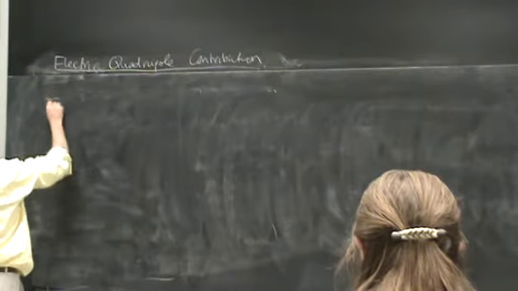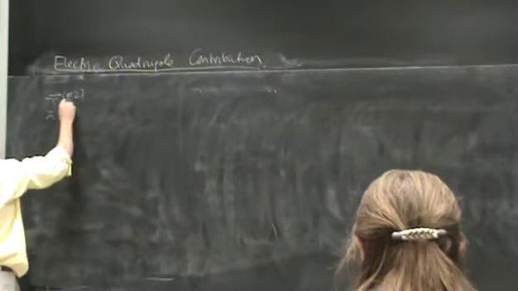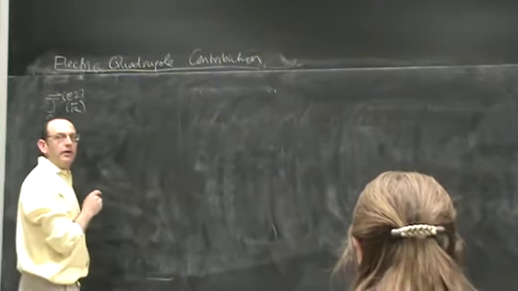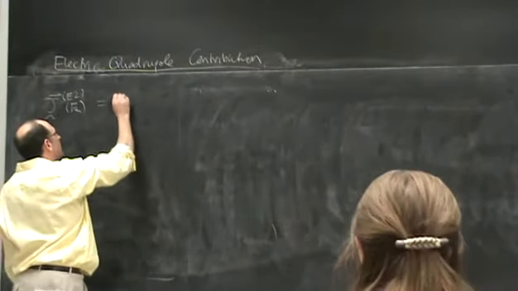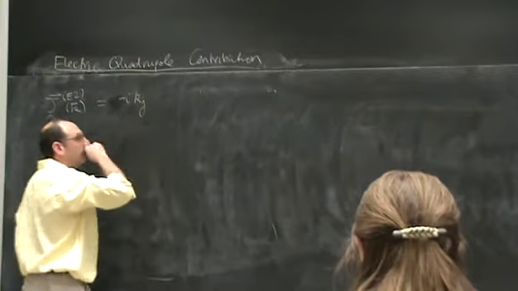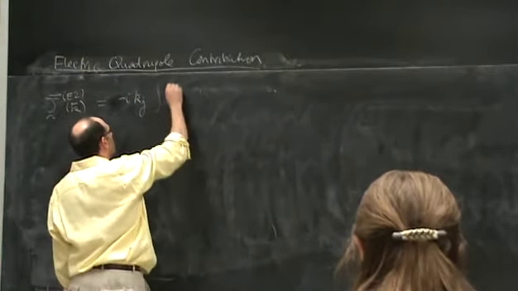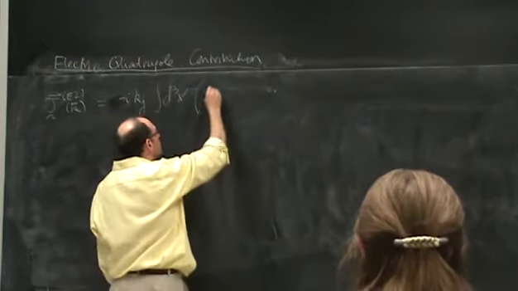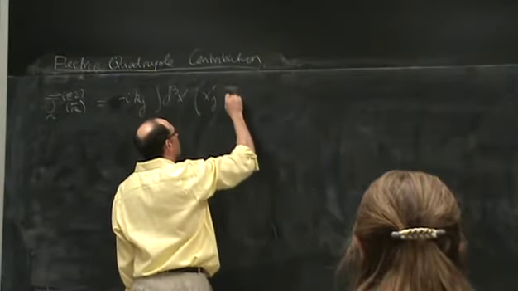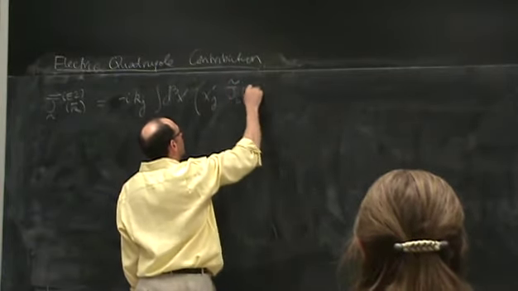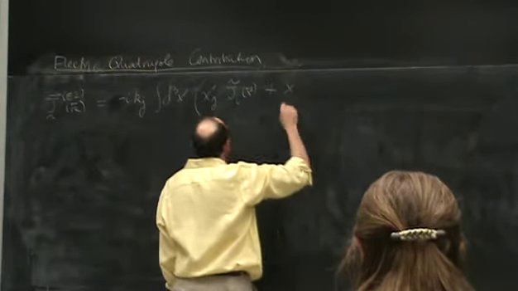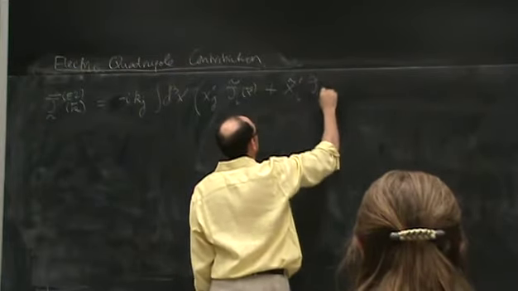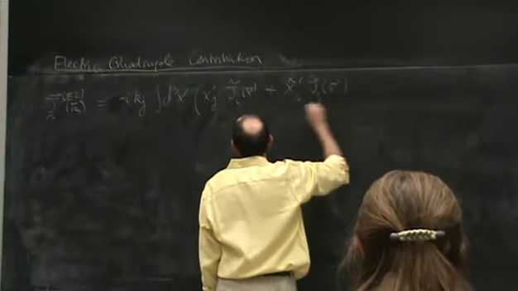The electric quadrupole contribution to the current, according to what we have over there, was equal to minus i k sub j times the integral d^3x' of j tilde sub i plus x_i, the j component, over 2.